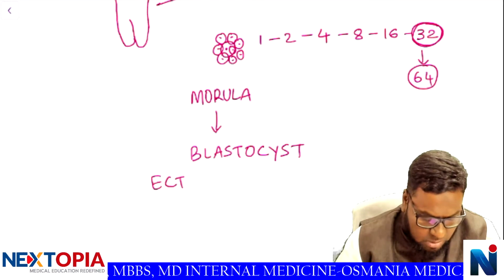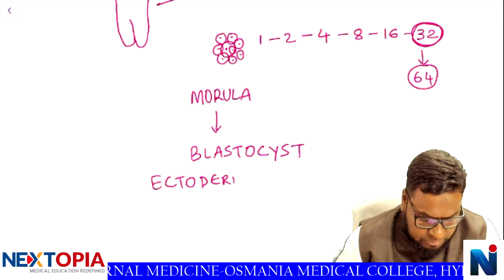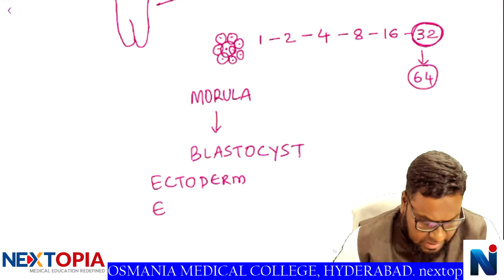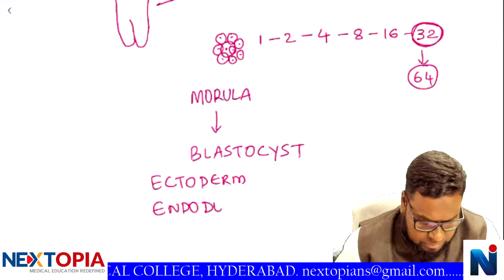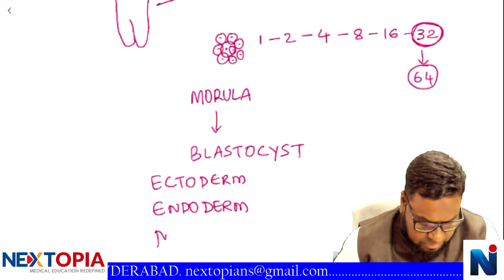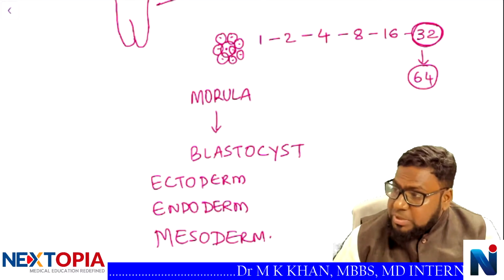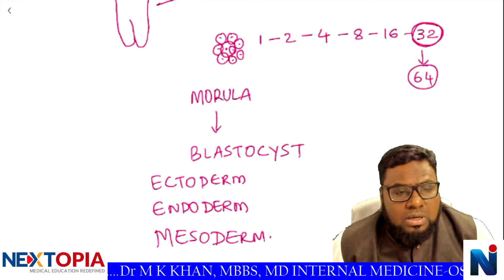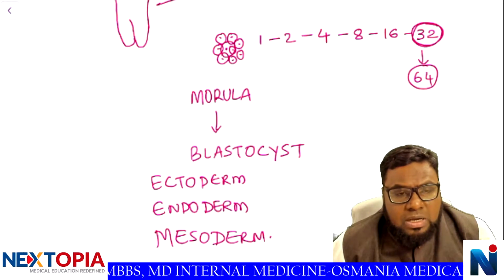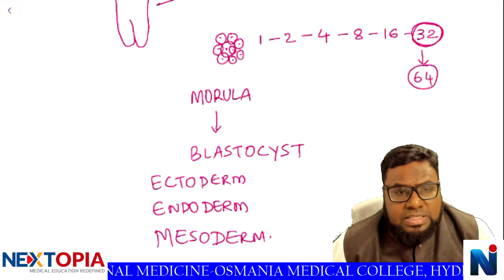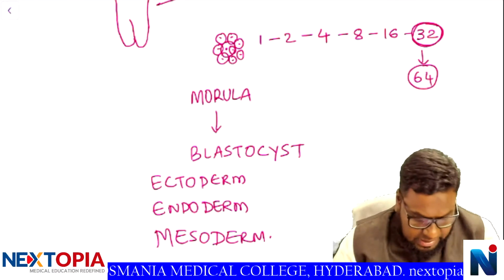So we talk about formation of ectoderm, then the endoderm, then the mesoderm. We'll talk about formation of all these structures, and how there is a connection between these 3 structures. We call it connecting stalk.